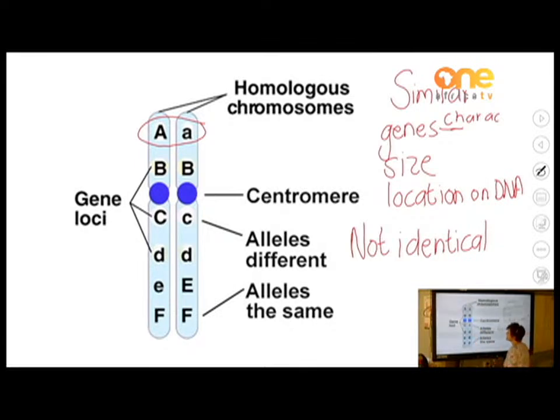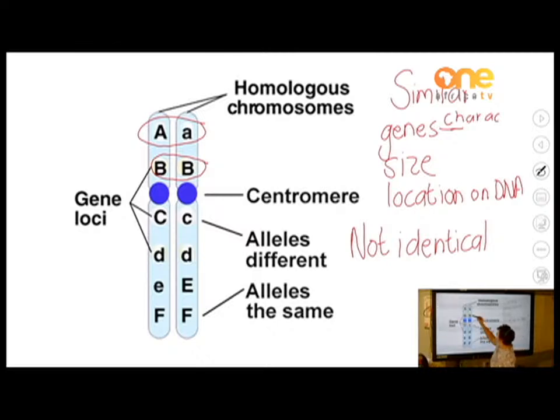Because a gene has a specific locus, or genes have loci on the chromosome, and the two alleles can either be the same, which means the same allele has been inherited, or it can be different.